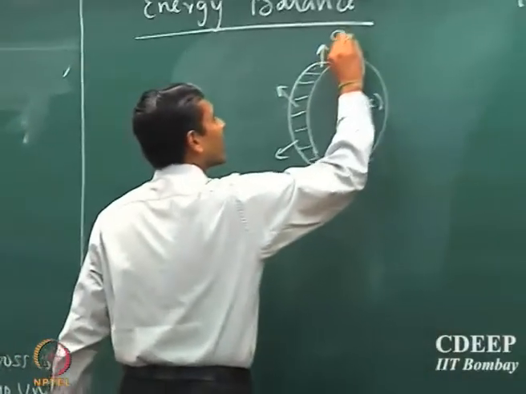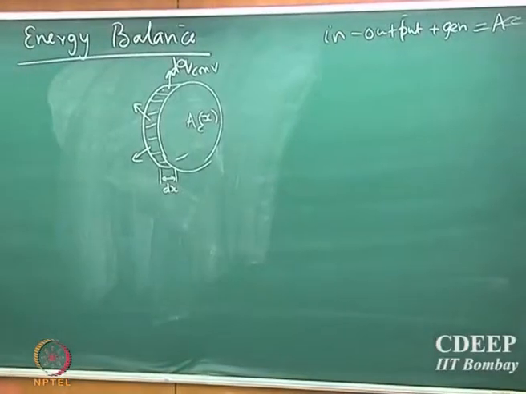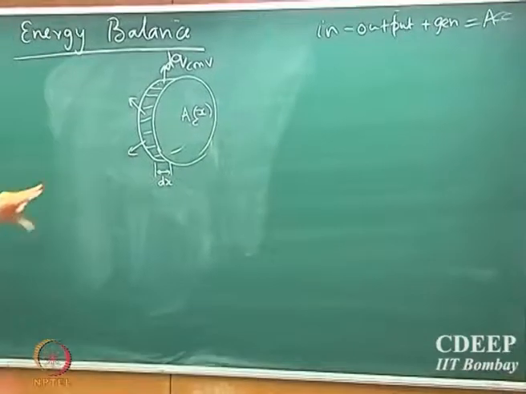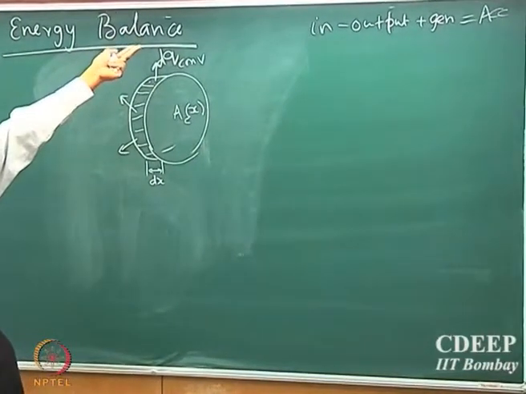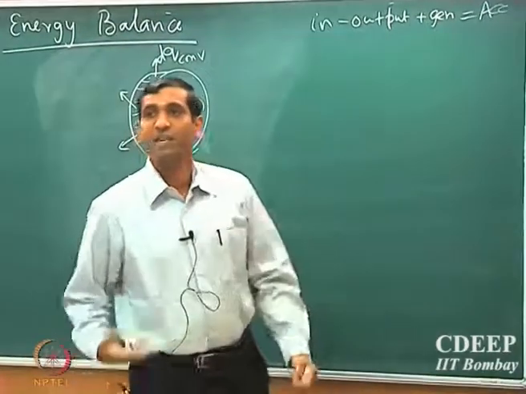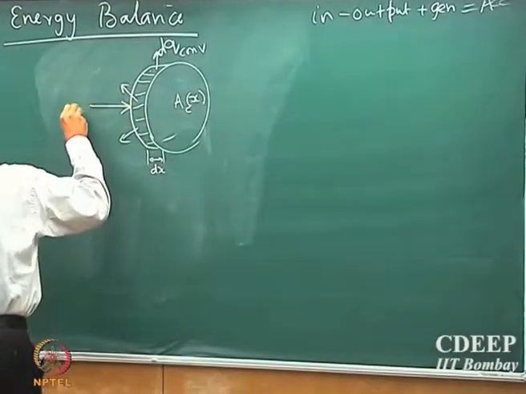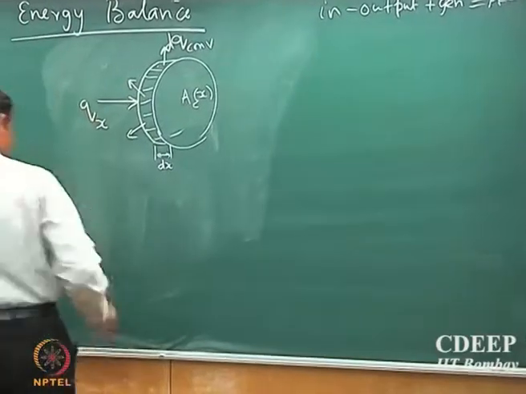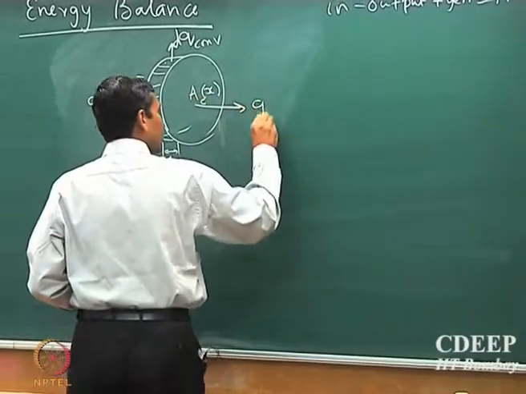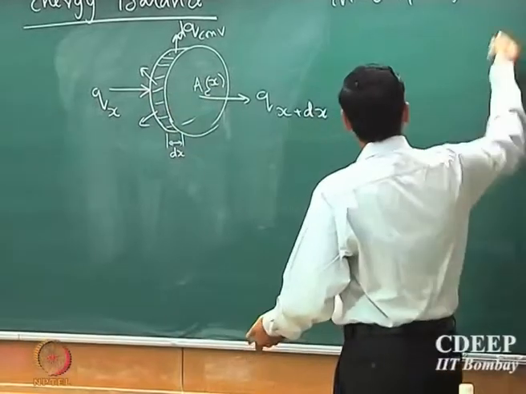Supposing I call dq convection the differential amount of heat that leaves this surface and is sent into the fluid stream. That is the differential rate at which heat is being exchanged. If the rate at which heat is transferred to that element is qx, and the rate at which it leaves is q of x plus dx, then at steady state accumulation is 0.